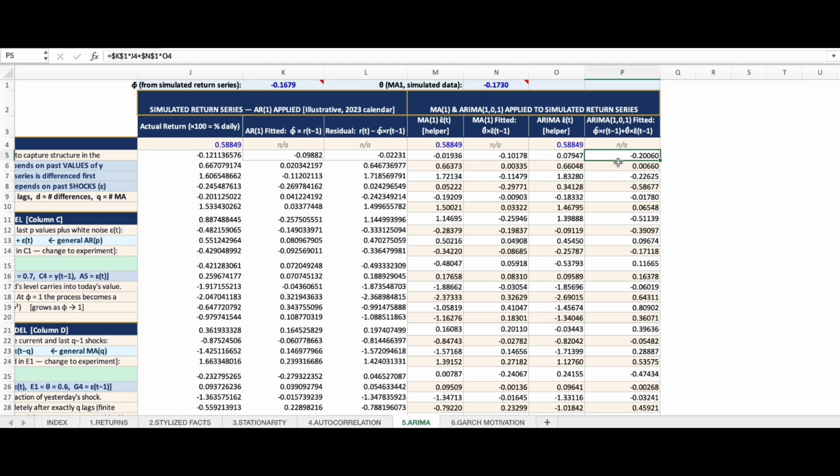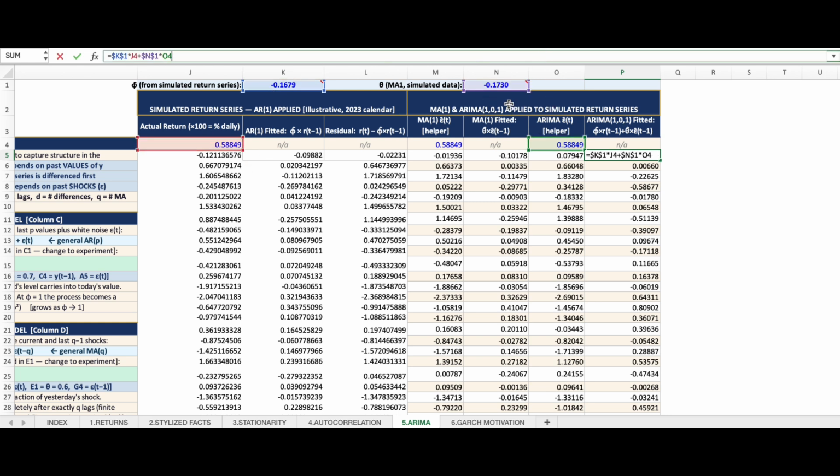Column J is the actual return at each observation. Column K is the AR1 fitted value, so phi hat times the previous return. Column M is the MA1 fitted value. Column P is the combined ARIMA 101 fitted value.